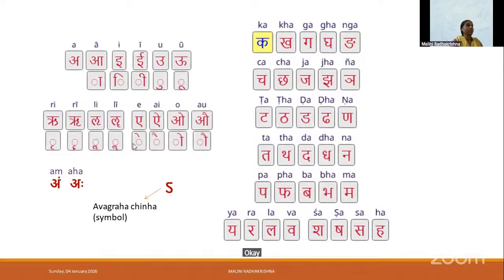Okay, so can someone volunteer to read the Aksharas? Whoever is familiar. If anyone would want to volunteer, you can. Yes.